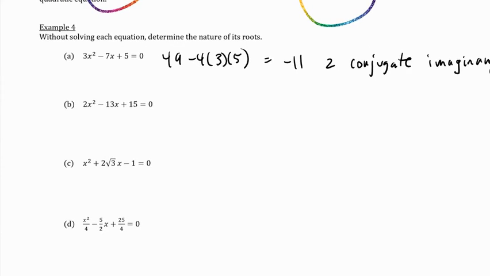B, 169 minus 4 times 2 times 15. 4 times 30 is 120. If I take that away, I got 49. So underneath the radical, I got a positive number, and so I'm going to have two real unequal roots.